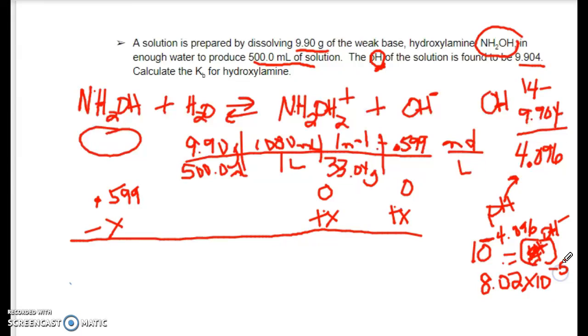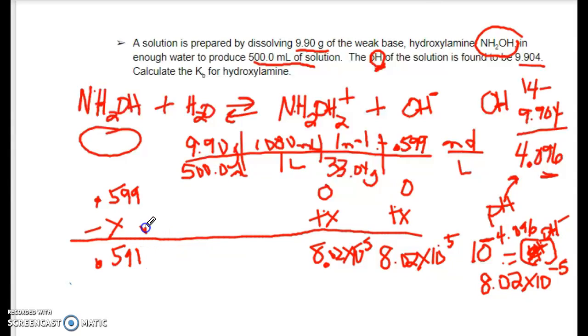So remember the number before the decimal point is just for the power, so my sig figs are coming from these 3 decimal place values. So that's going to be my value here, and also here. And again, you're going to see that this value is so small. This is still going to be 0.599, so insignificant.